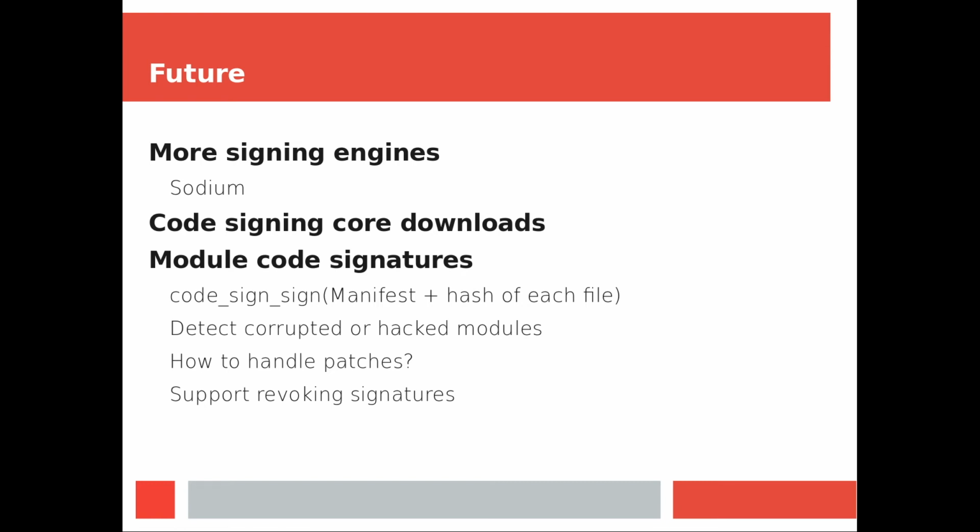But we want to be able to say, given a module, here's what's supposed to be in it, here are all the files, here are the checksums, the hashes for each of the files, and then we sign that so we have a whole signing manifest. It allows us to detect corrupted or hacked modules.